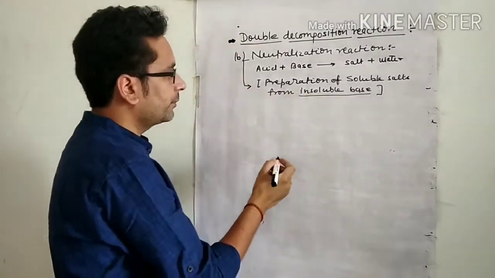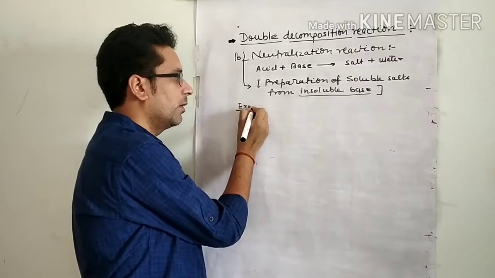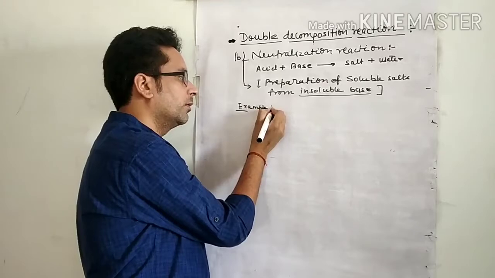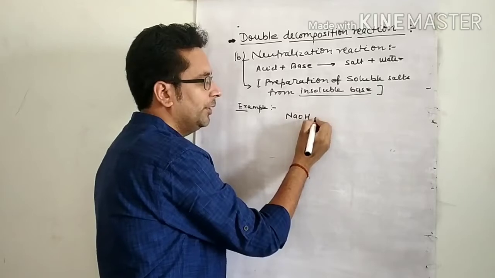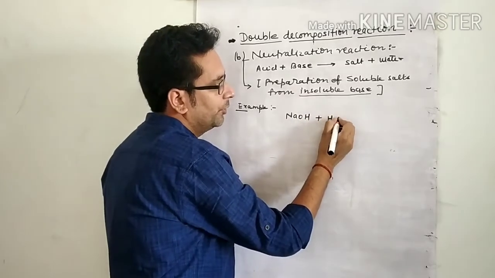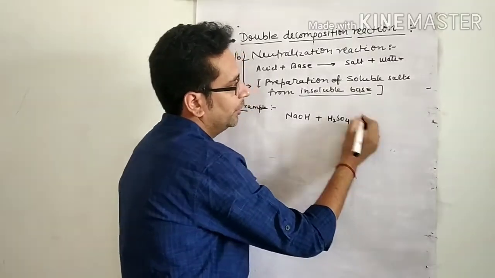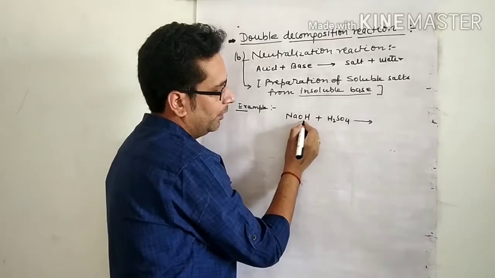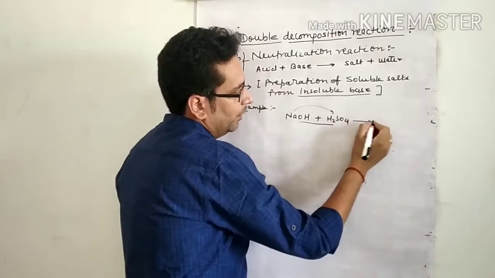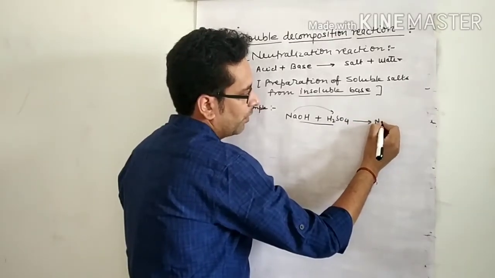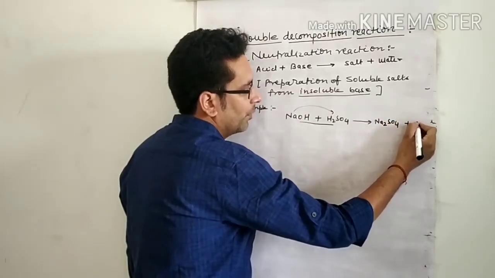Okay, now look here, example: sodium hydroxide, NaOH, reacts with H2SO4. Then there is formation of salt and water. Now from here water is removed and there is formation of Na2SO4 plus H2O.